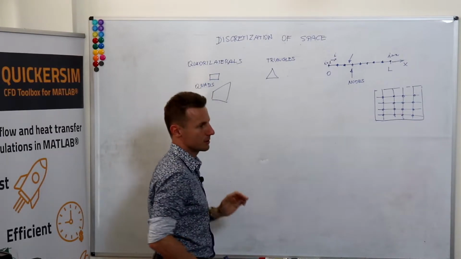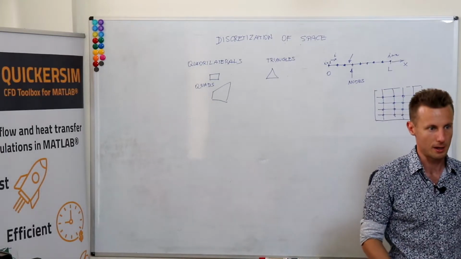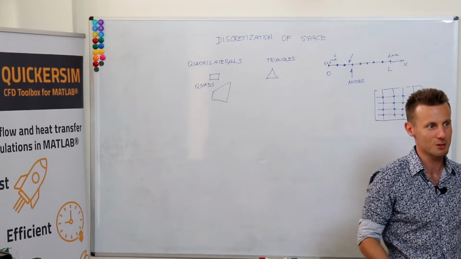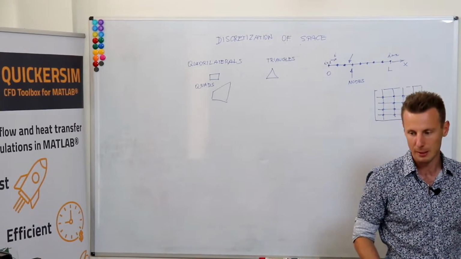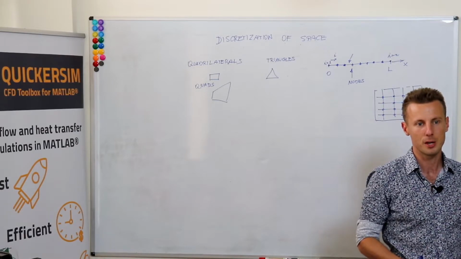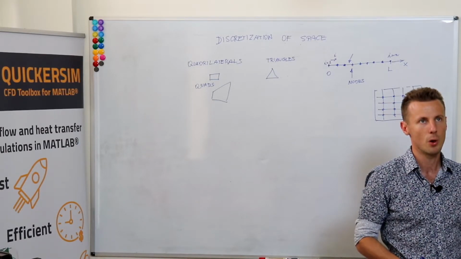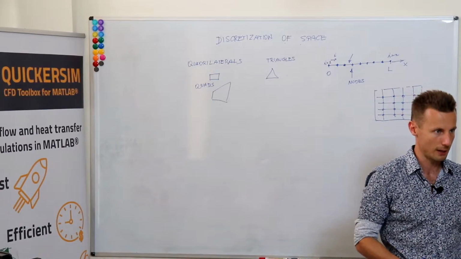The quad mesh is very difficult to generate automatically. You will find domains like rectangles that you can very easily subdivide automatically into quadrilaterals. But generally, there is no general algorithm to divide any geometry into quadrilaterals.